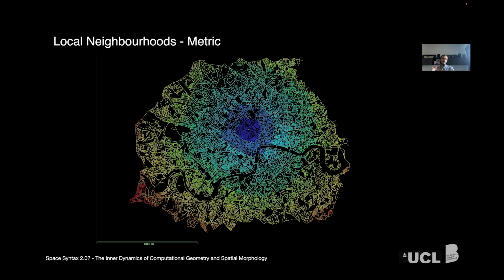So now let's discuss how we think of spatial complexity. To produce data like this, we need to have a clear cost, or a way to calculate. The most basic one is the metric distance. So the Euclidean distance in meters from one space to the other, or one street segment to another. Blue represents low values, red is high.